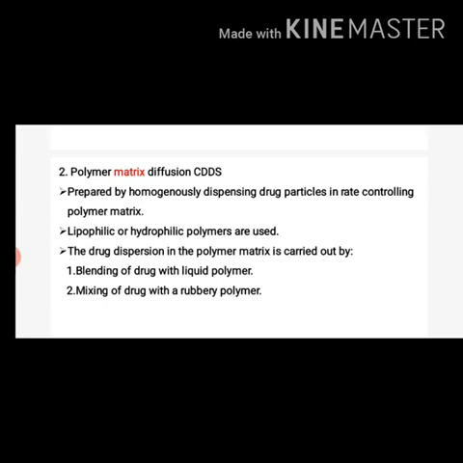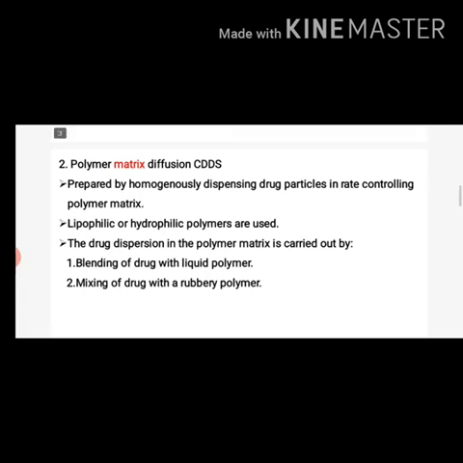The drug dispersion in the polymer matrix is carried out by blending the drug with a liquid polymer or mixing the drug with a rubbery polymer. So the drug molecules, that is the drug reservoir, are kept inside a polymer matrix, and that polymer matrix determines the rate of drug release.